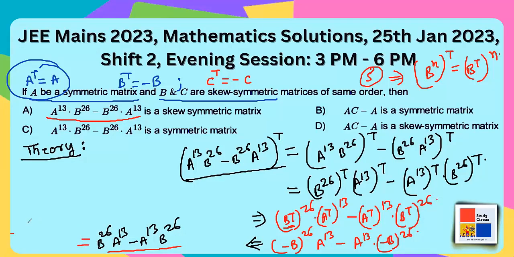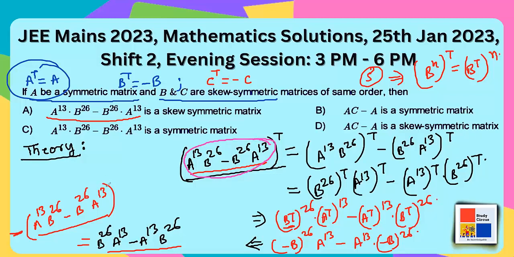When you take the negative sign common, this is A to the power 13, B to the power 26 minus B to the power 26, A to the power 13, negative of this. So the transpose of this thing is coming out to be negative of that thing. That means this thing is skew-symmetric. We know the definition of skew-symmetric, so option A is correct.